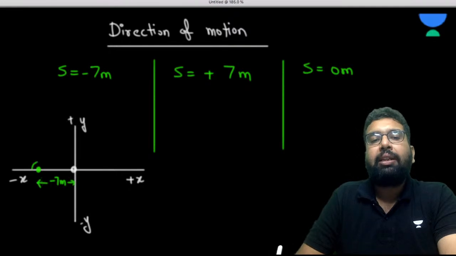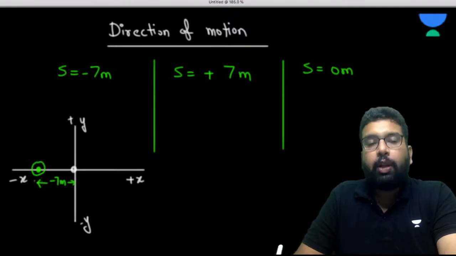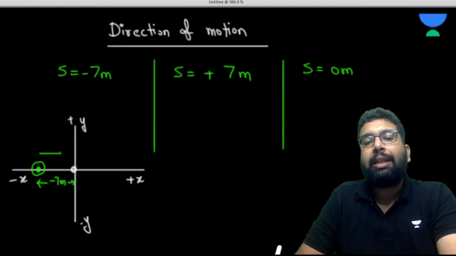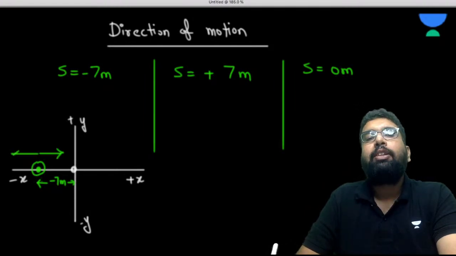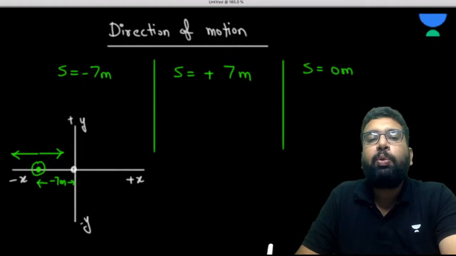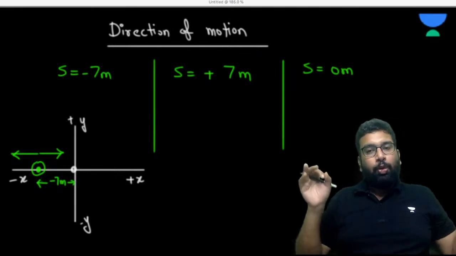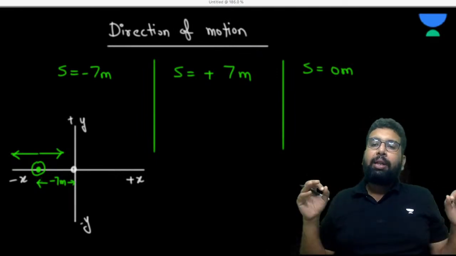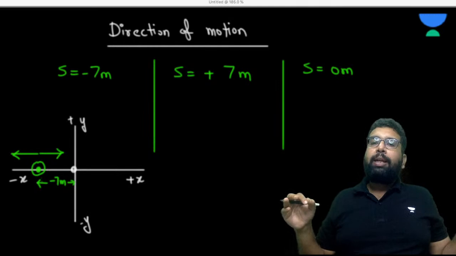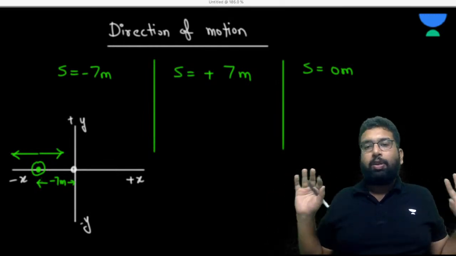Someone is standing at this position. Now this body may move in this direction or in that direction. By seeing this, you have no idea whether from this position it is moving in the positive or negative direction. One thing we must understand is that from the sign of the displacement, we never come to know the direction of motion.